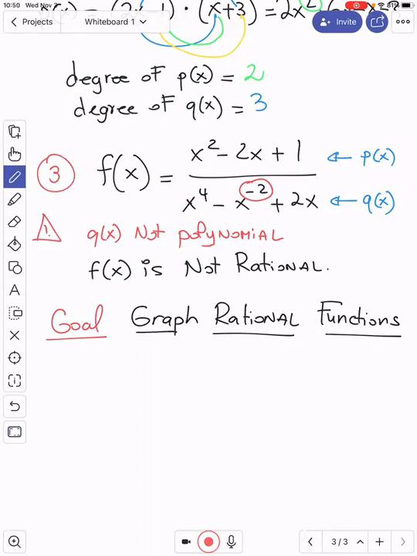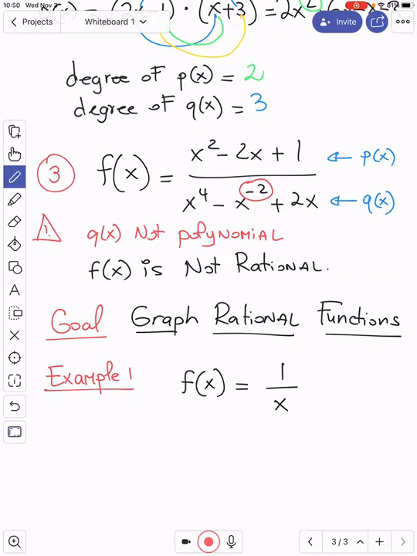So let me start with the first example. Example 1. Right, and I'm going to take a very simple rational function, which is f of x equal to just 1 over x.